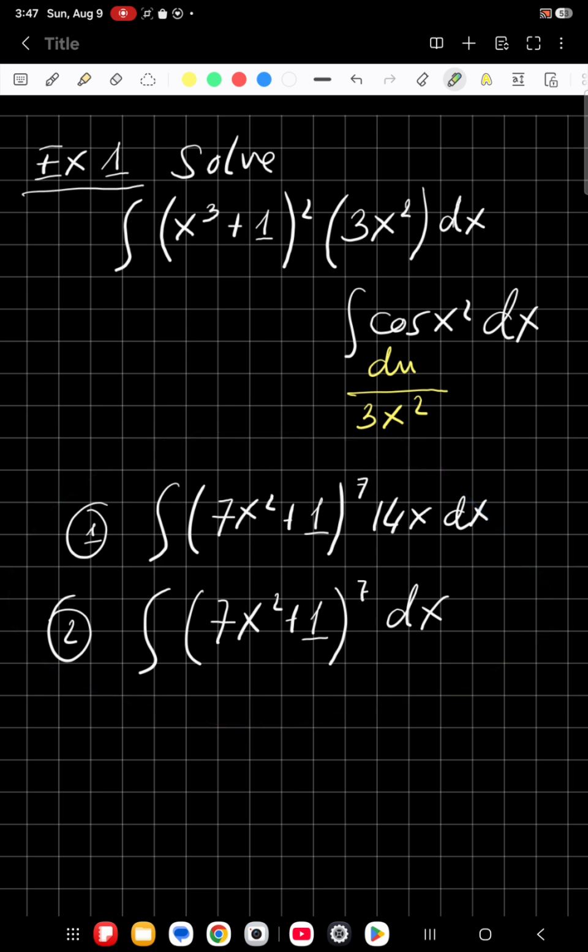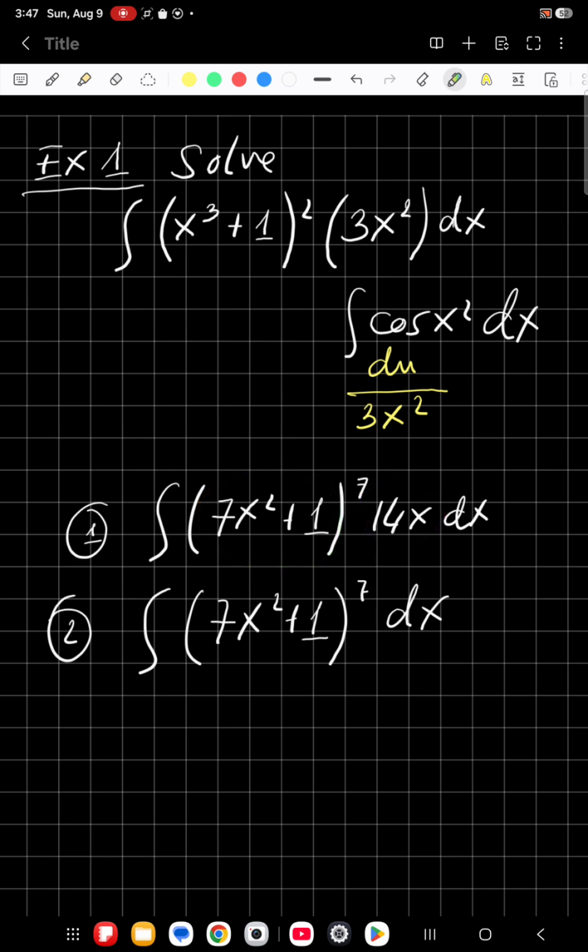And the answer is, even though problem number 1 looks more difficult, it'd be easier to solve than this problem. The reason is that I have that 14x, because I'll probably be replacing this expression with u, and the derivative of that is 14x.